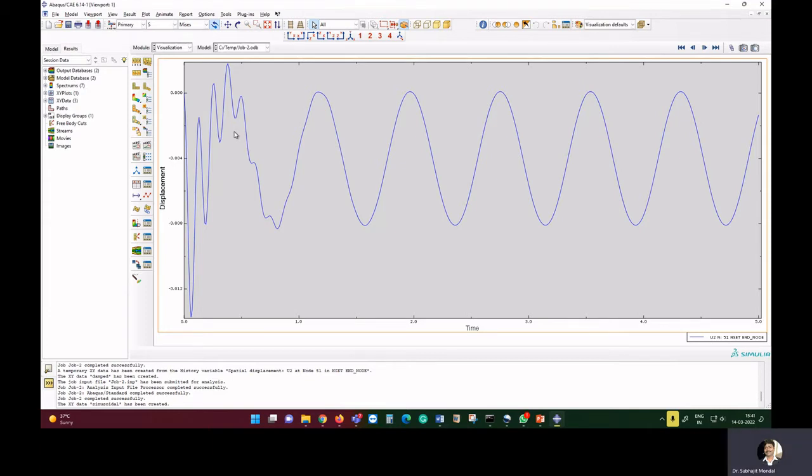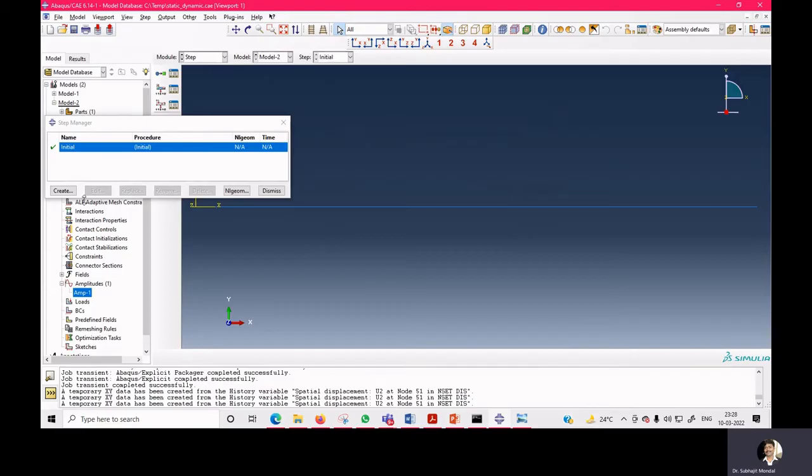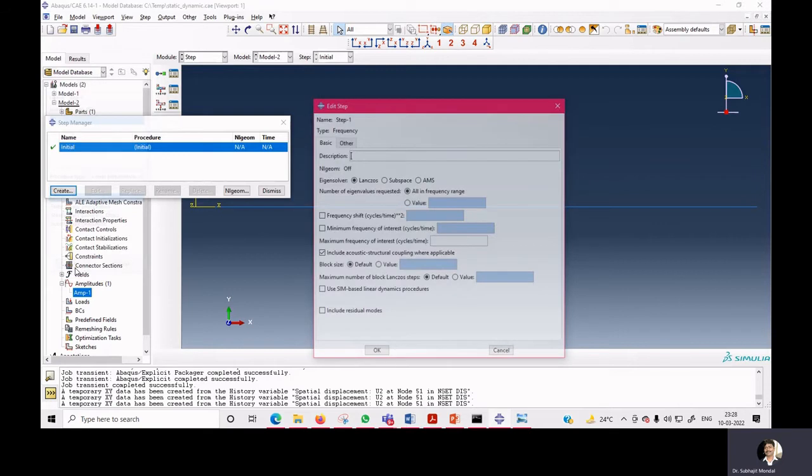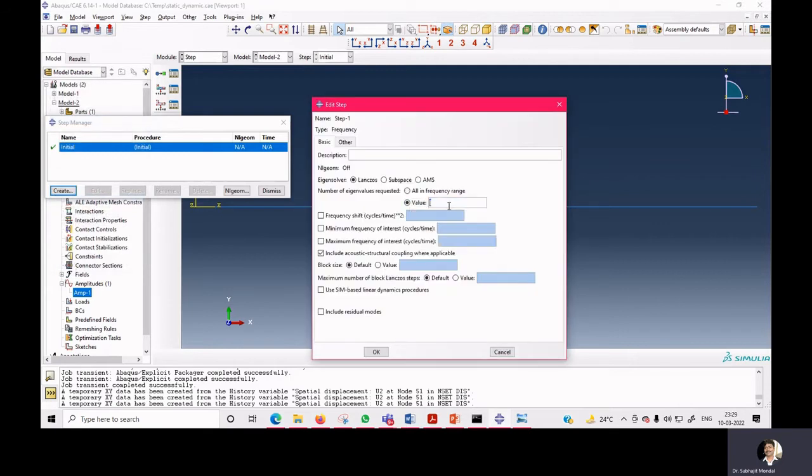We are going to perform modal analysis here. What we are going to do is linear perturbation.